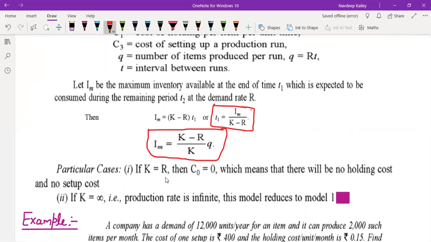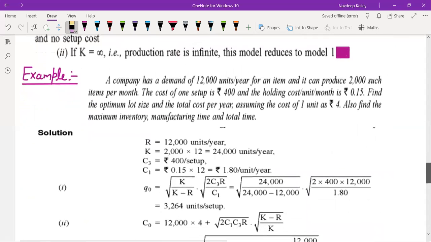If we put K equal to capital R, then C naught becomes 0, which means that there will be no holding cost and no setup cost. And if we take K as infinity, that is, production rate is infinite, this model reduces to model 1, which I have already discussed. Now, based on these two models, let's discuss some examples.